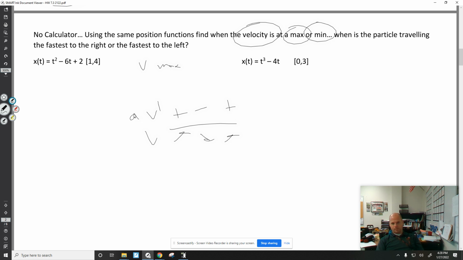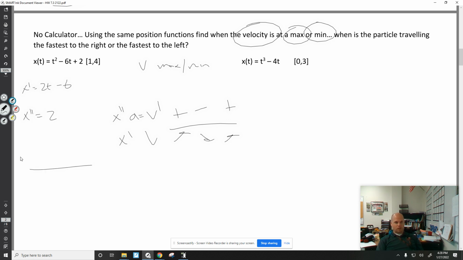What's V prime? A. So if you want to find velocity's max or min, and you have position, the whole x double prime tells me about the x prime situation. You take the first derivative, great. But you take the second derivative, great.